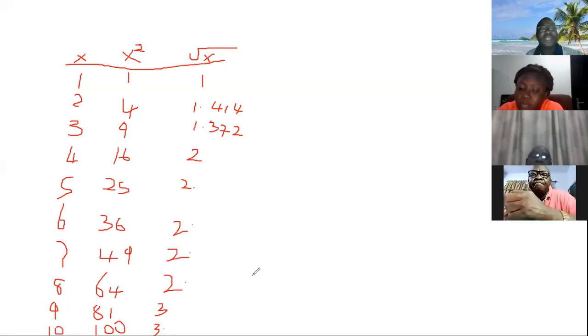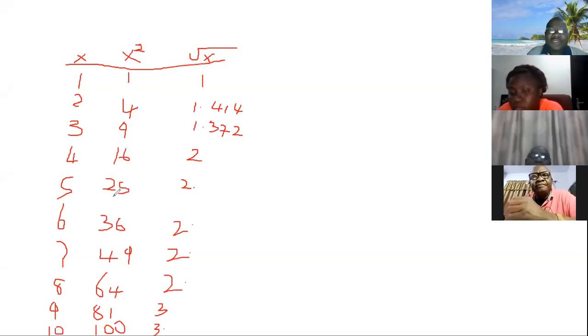Look at it: the difference between 1 and 4 becomes 3 here, then the difference is 5, between 9 and 16 it is 7, then 9, 11, 13, and 15. Can you see? The difference between the squares keeps increasing. So squaring blows off the figures.